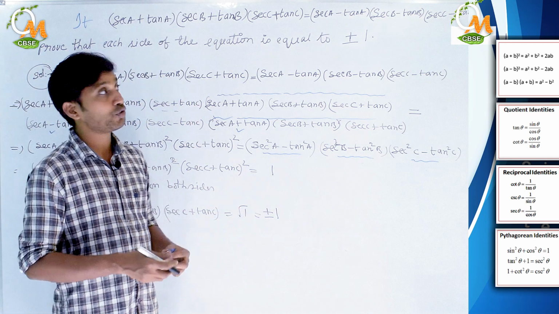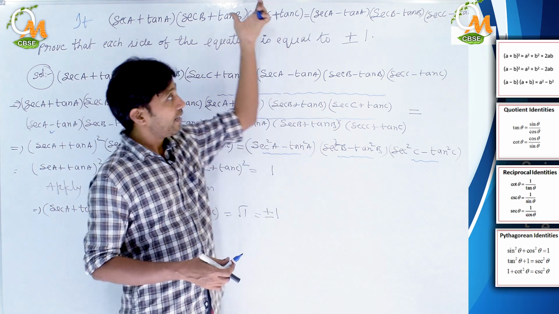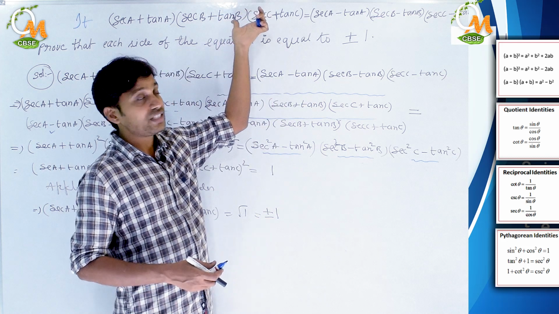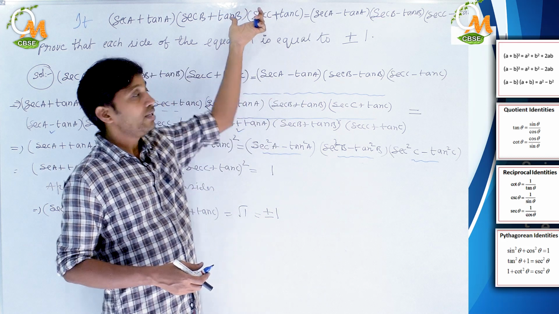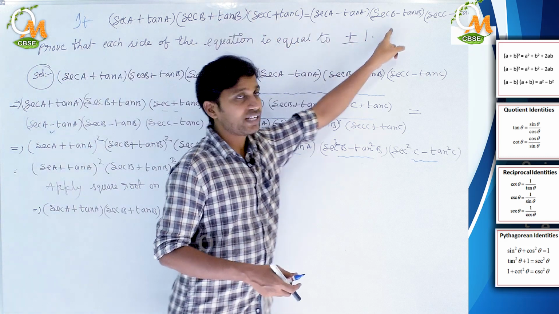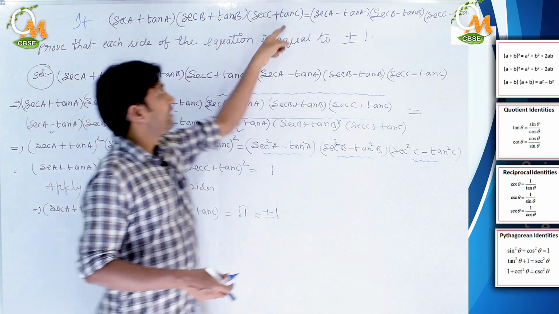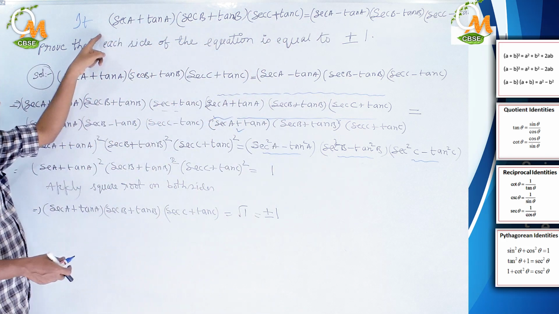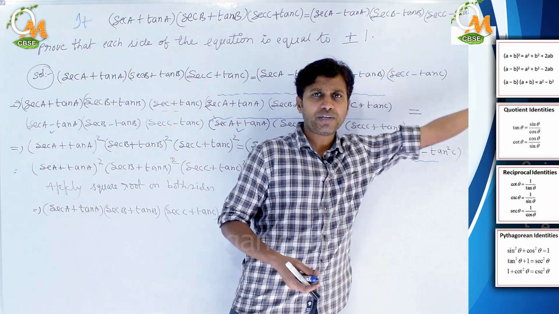But one more thing we have to show. We have to show that each side of the equation is equal to plus or minus 1. Already we have shown this, and we said that these two expressions are equal. When this is equal to plus or minus 1, this is also equal to plus or minus 1, right?